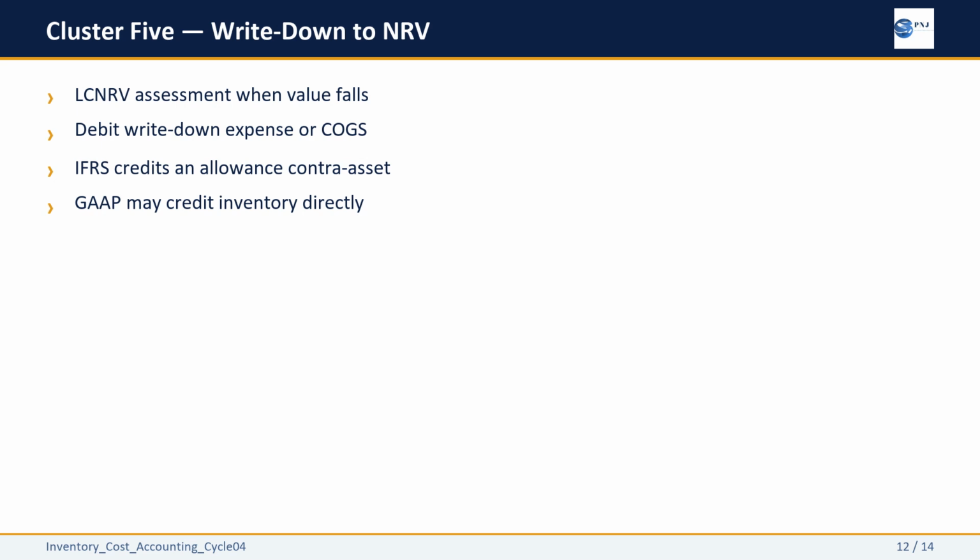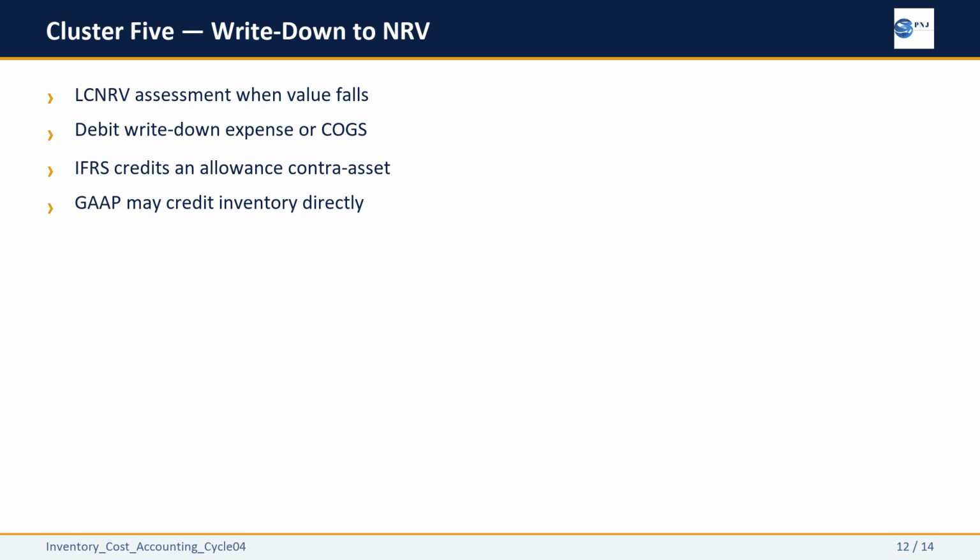When inventory's value drops below its cost, accounting won't let you keep carrying it at the old amount. Entry 14 records the write-down to net realizable value under the lower of cost or net realizable value rule, LCNRV. You debit inventory write-down expense, or cost of goods sold, and then the credit depends on your framework.